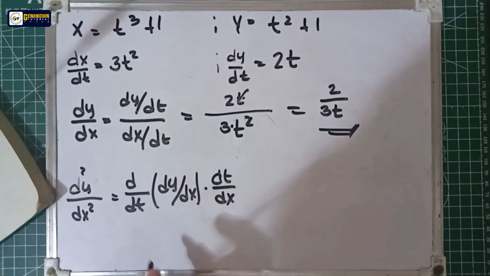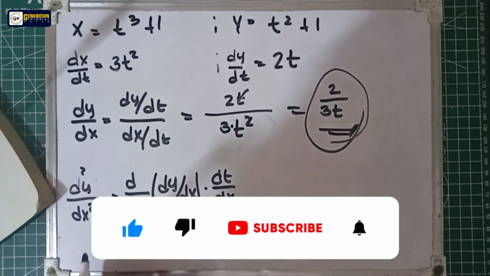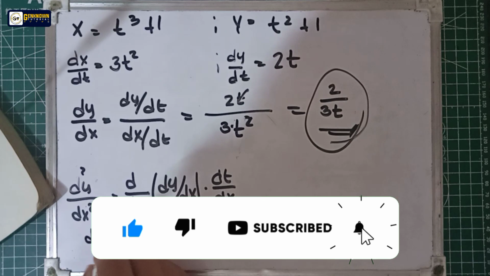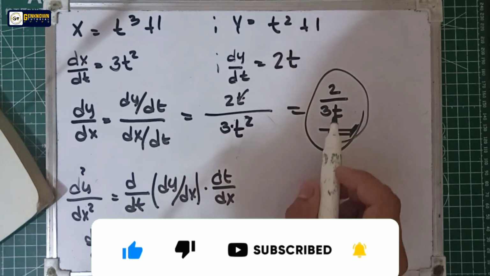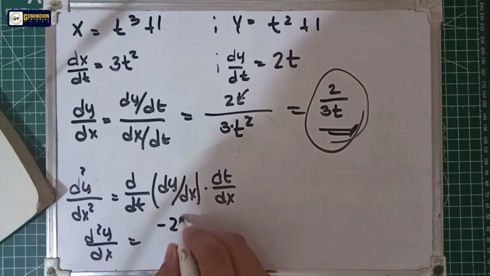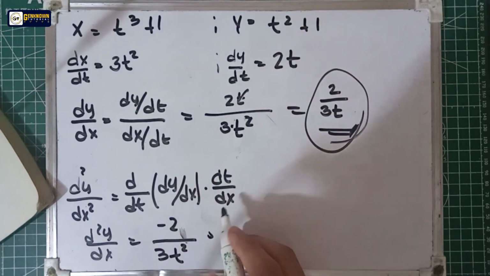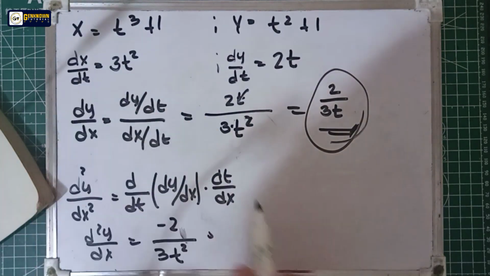So based on this, we should derive the first derivative with respect to t. So d squared y over dx squared is equal to the derivative of 2 over 3t, which is negative 2 over 3t squared, multiplied by the inverse of dx over dt.